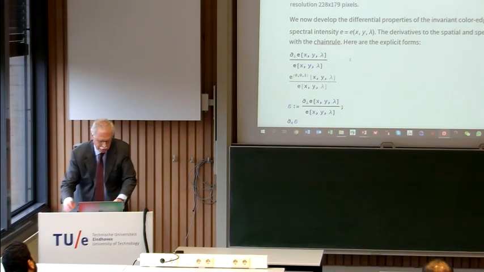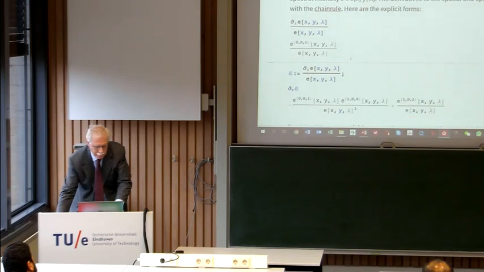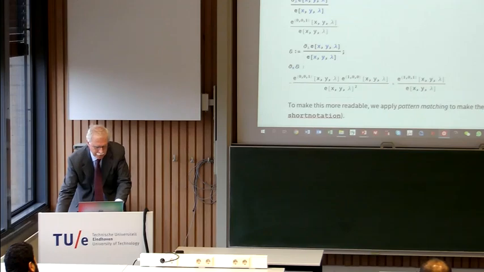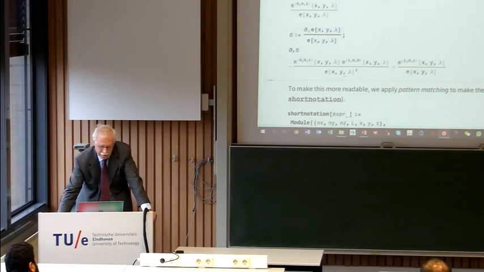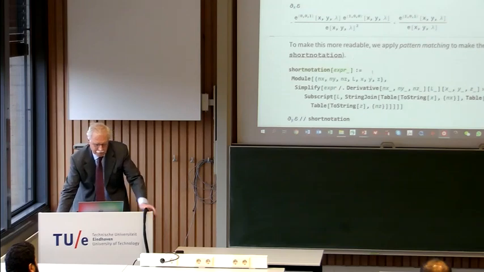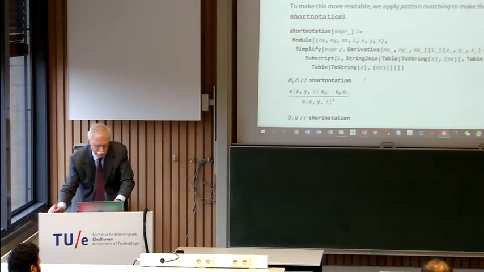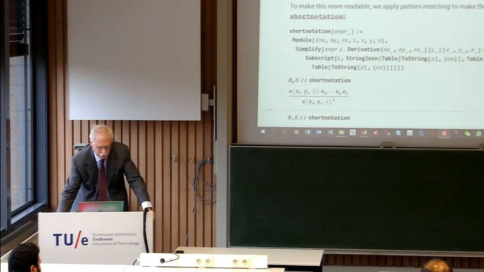So let's take our ratio, the d lambda E divided by E, and we call that big epsilon. And if we now take the derivative of this big epsilon, we get this complicated term. Let's define some short notation and then take the derivative, in this case to y.